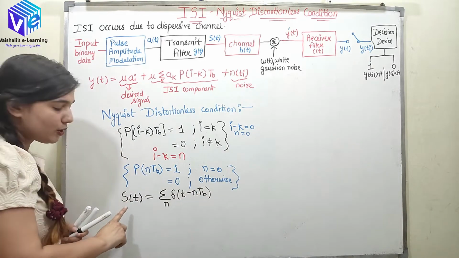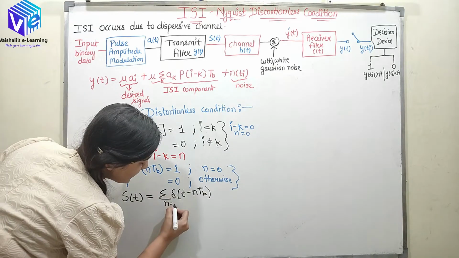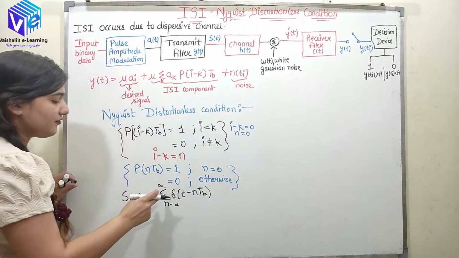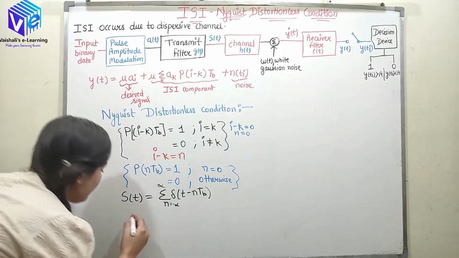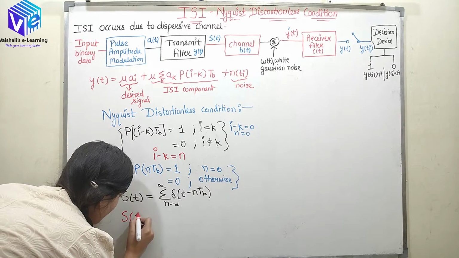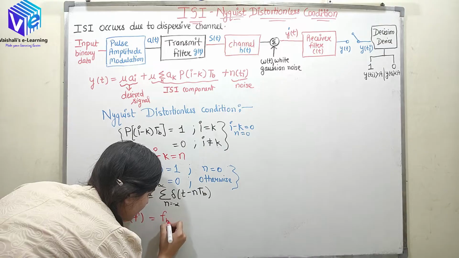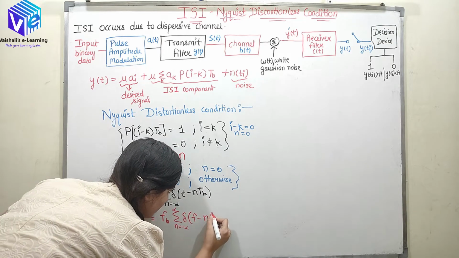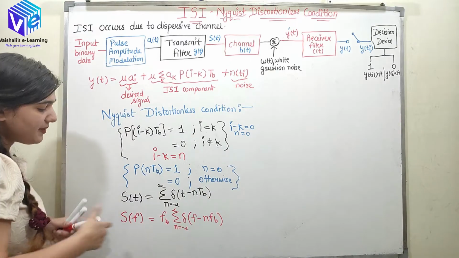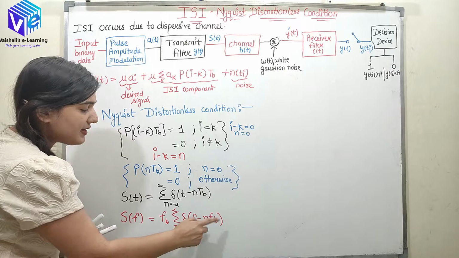From the sampling equation, s(t) was equal to summation over n, where n changes from minus infinity to infinity, of delta(t minus nT_b). Similarly, if I find S(f), it is equal to f_b summation n equal to minus infinity to infinity delta(f minus n f_b).